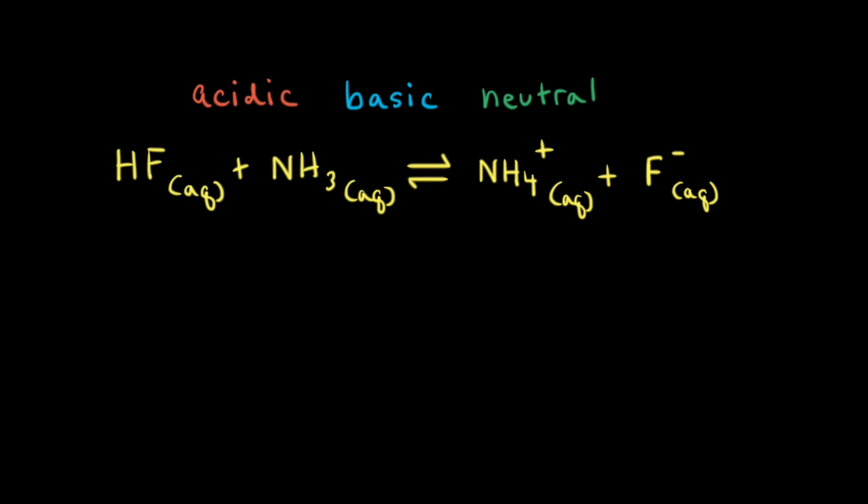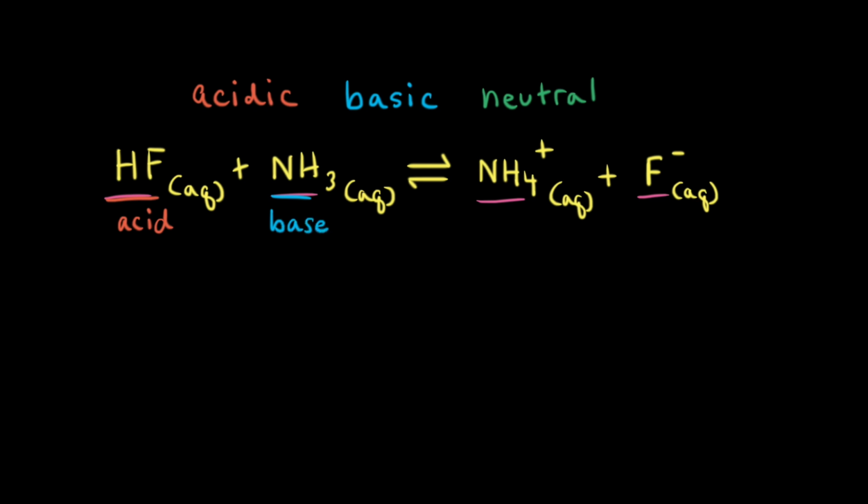Let's look at another example of a weak acid-weak base reaction. In this case, hydrofluoric acid reacts with ammonia to form the ammonium ion, NH4+, and the fluoride anion, F-. Because hydrofluoric acid donates a proton, it's an acid, and because ammonia accepts a proton, ammonia functions as a base.